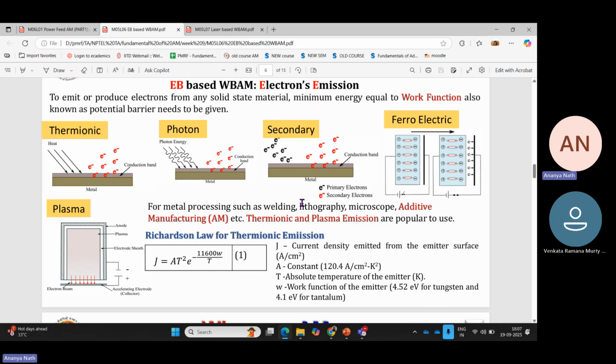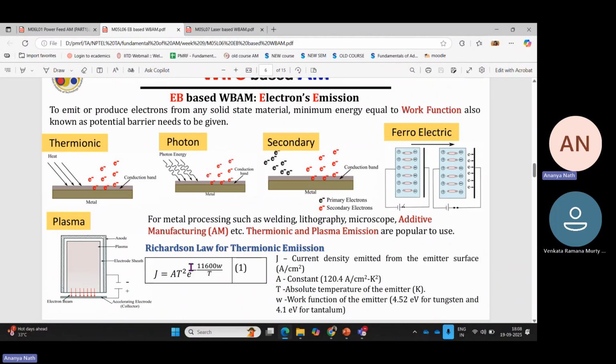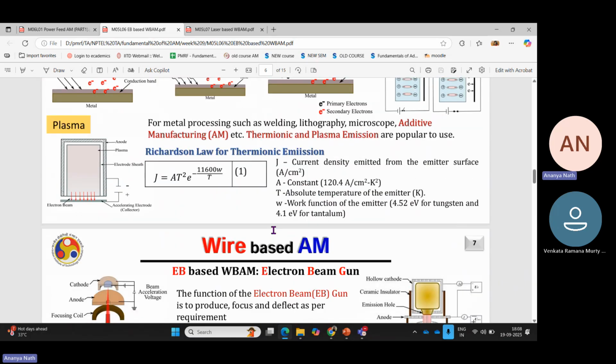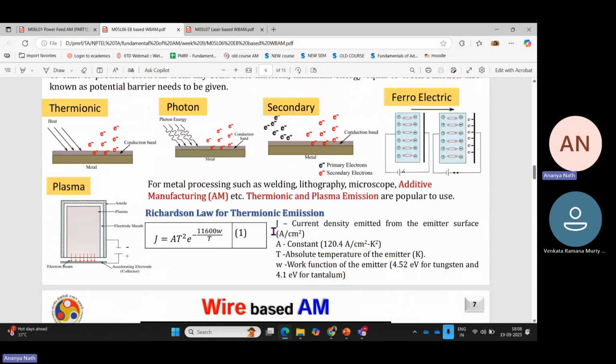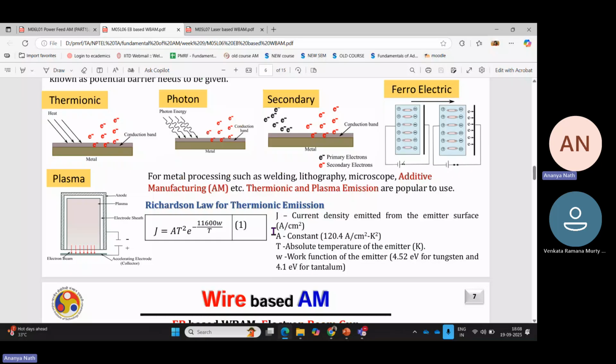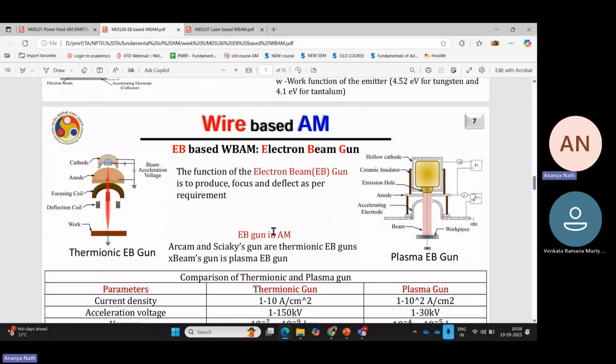If you put photons, the electrons come out, secondary electrons come out. So by this you can get electrons out of the gun. That is a normal reaction. If you put energy in the electron gun, it will emit some electrons, and if you can somehow focus the emitted electrons to a particular spot, then you can call it an electron beam, which can be useful for the melting of the metal.